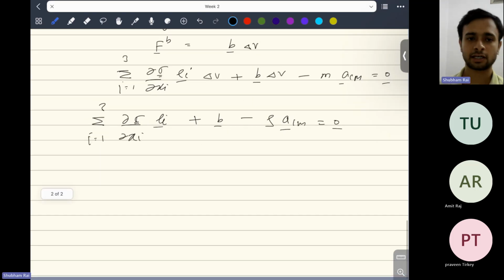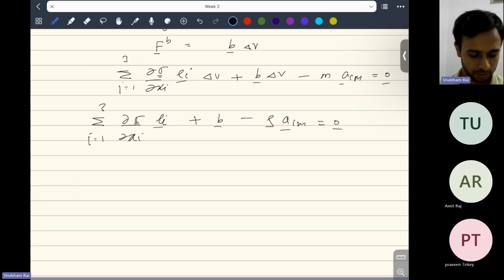If you try to write this equation in terms of coordinates, in terms of differentials, what will you get?